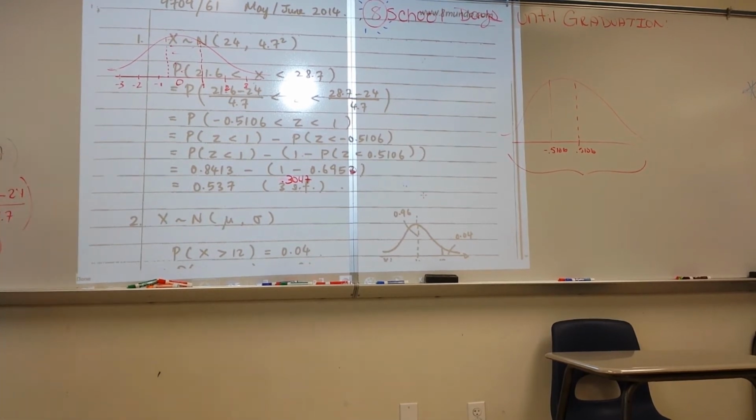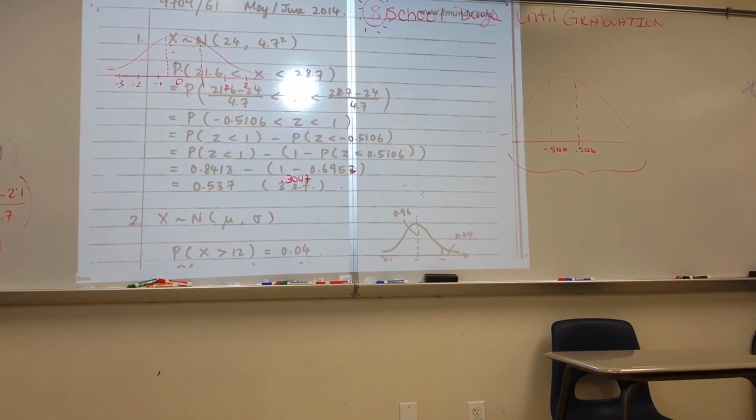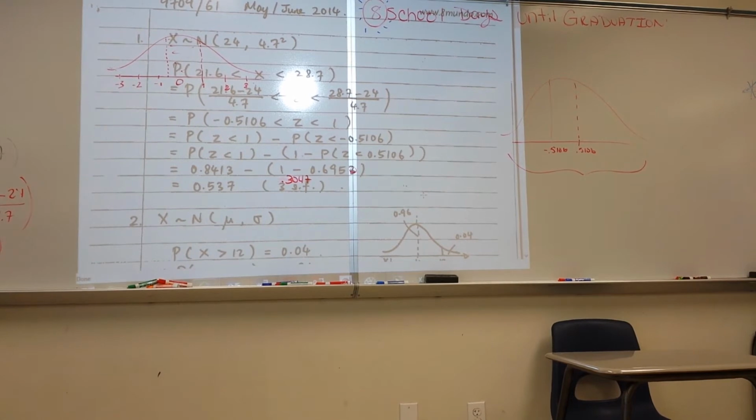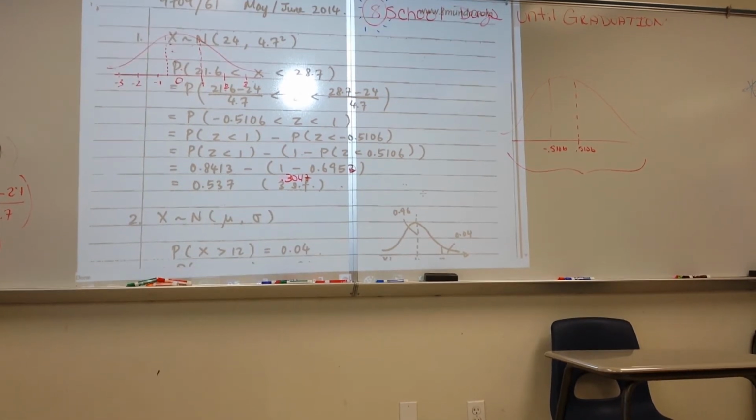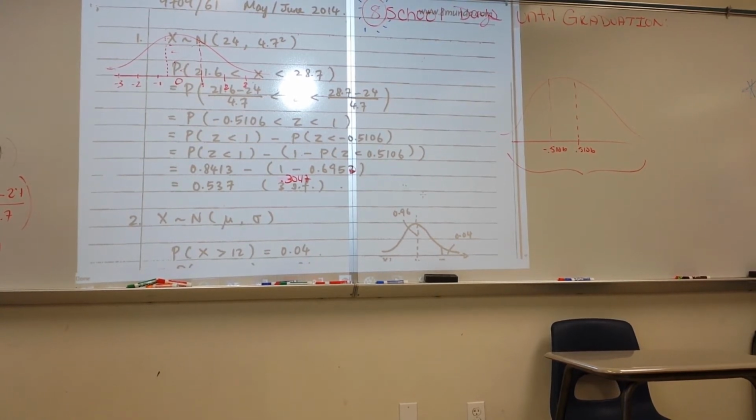Okay, so Kalia, what's your question? Okay, so you found the z-score from 0.5106, so what did you find for the z-score? And what do you get there? How do you do that? And you found it on your little chart. You don't have a chart on you, right? No, I have one, but it's not on me right now. Okay, gotcha. And then, what is the 0.3047, what is that?